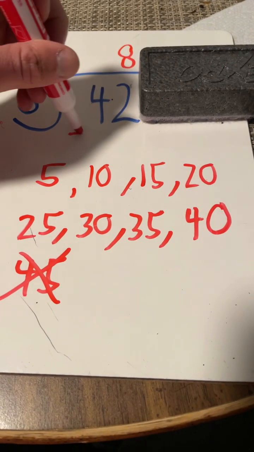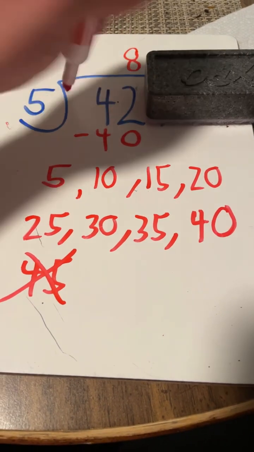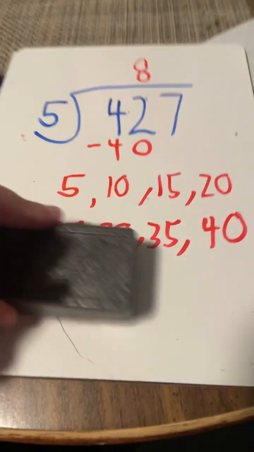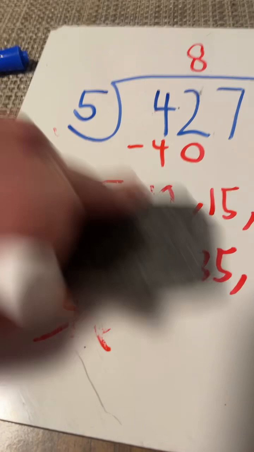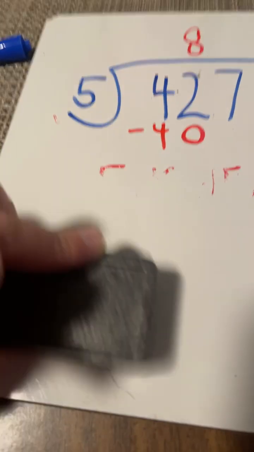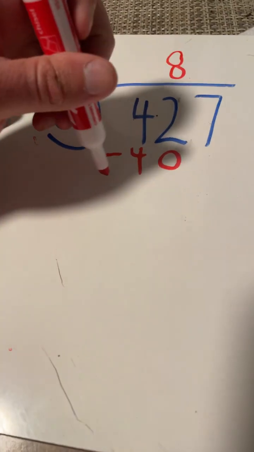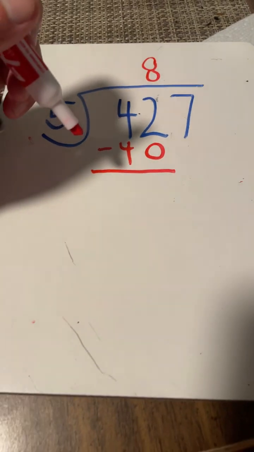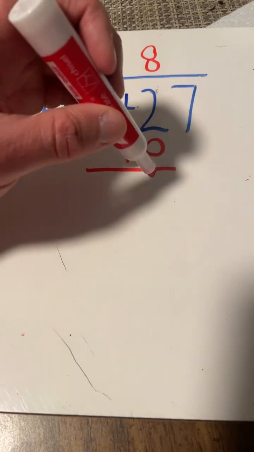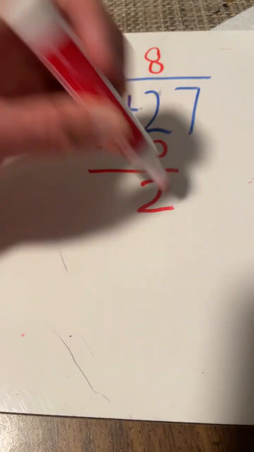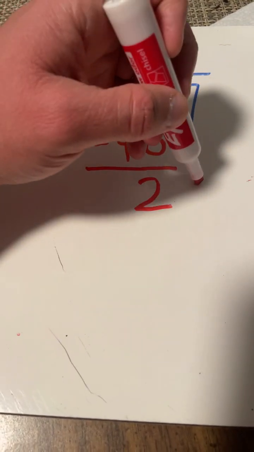So we're going to do 42 minus 40 equals 2. We're going to bring down the 7.